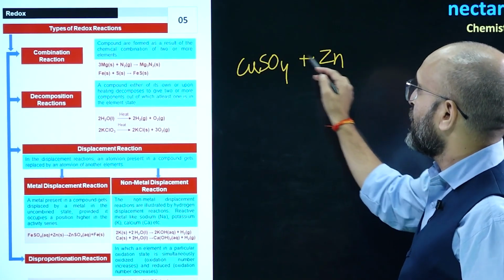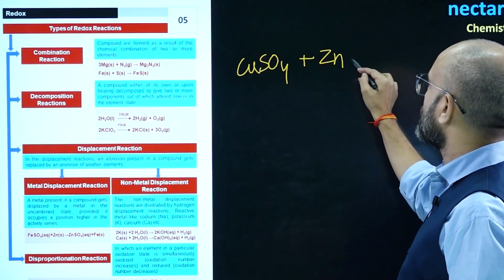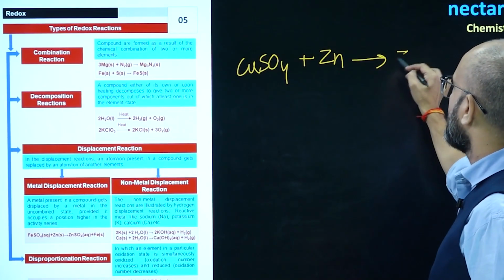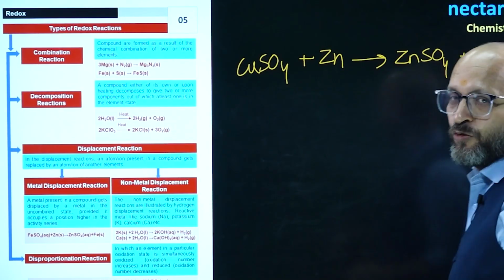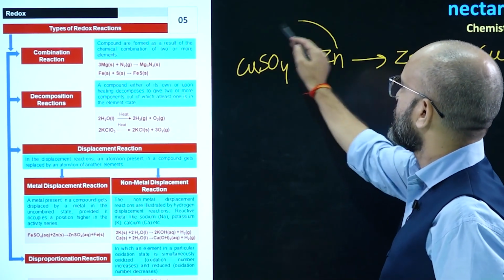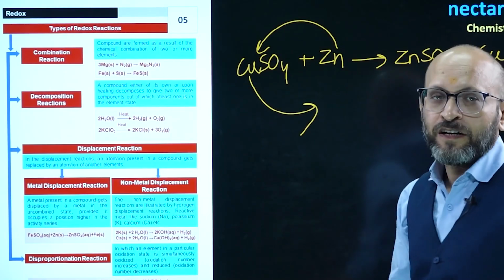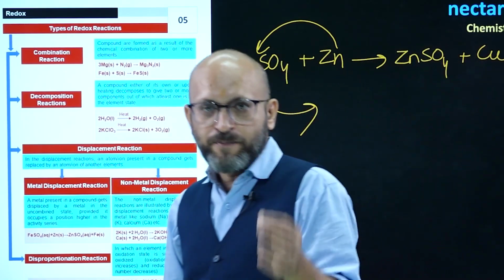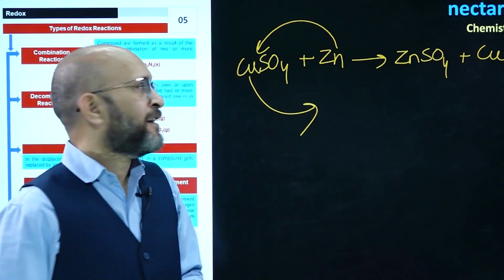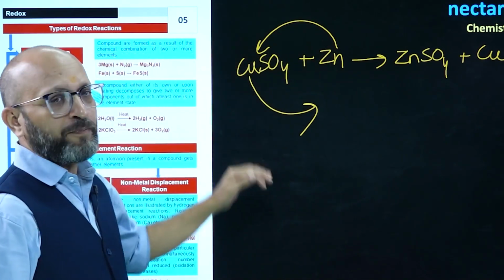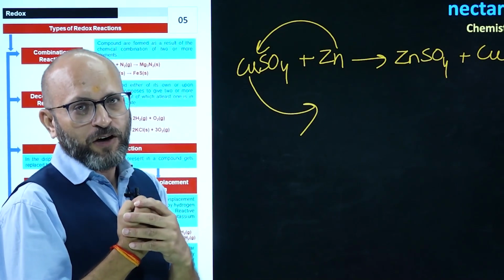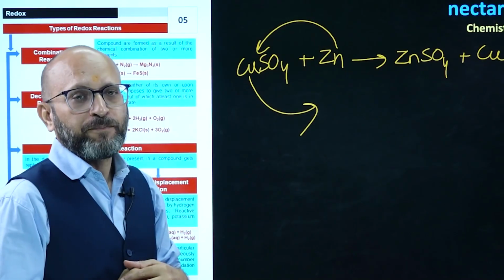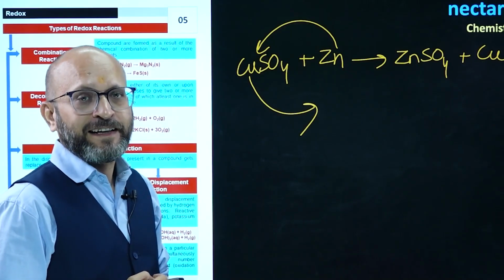That means zinc will displace copper from its solution. You get zinc sulfate, and copper metal is kicked out. Zinc is more reactive than copper, so copper is getting reduced and zinc is displacing copper. This is another example of a displacement reaction.